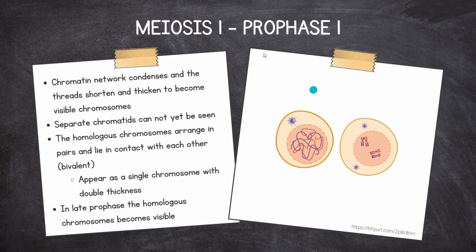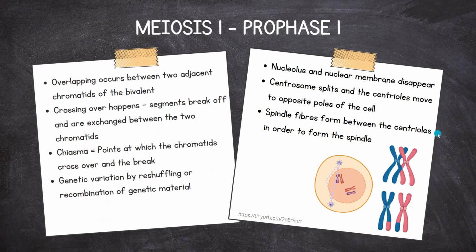In the late stages of prophase, the homologous chromosomes become visible, and it looks like what we see here. Now just to explain that overlap and bivalent situation. Overlapping occurs between 2 adjacent chromatids of the bivalent, and crossing over happens.